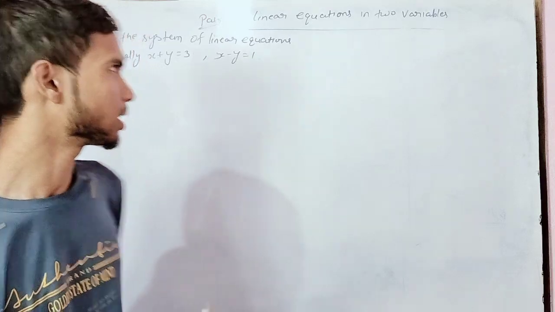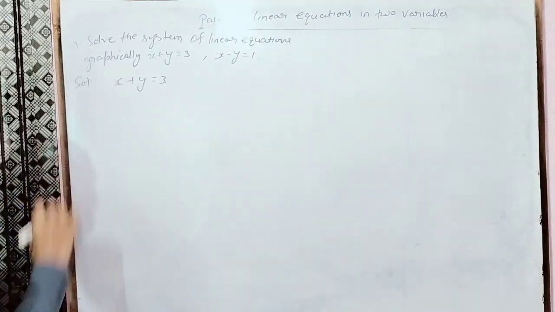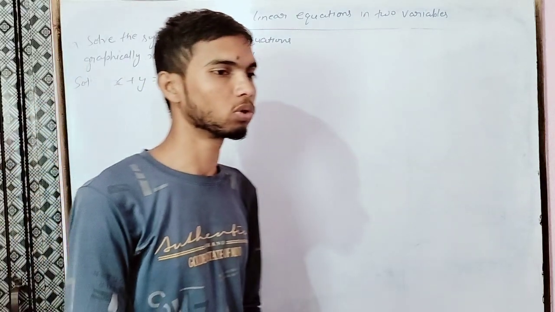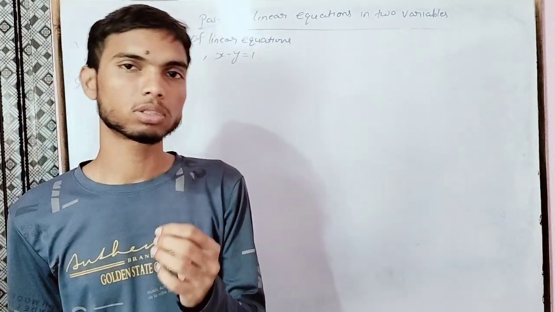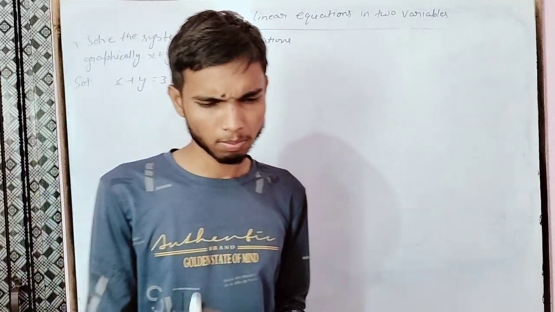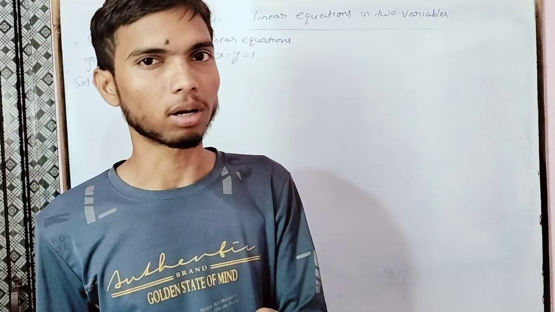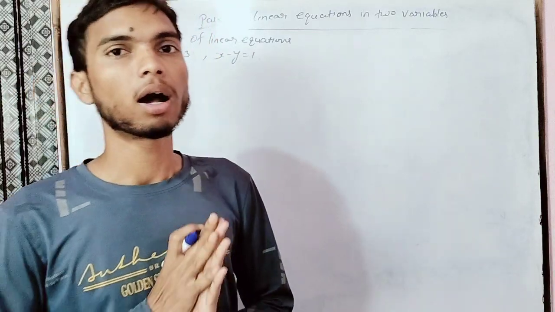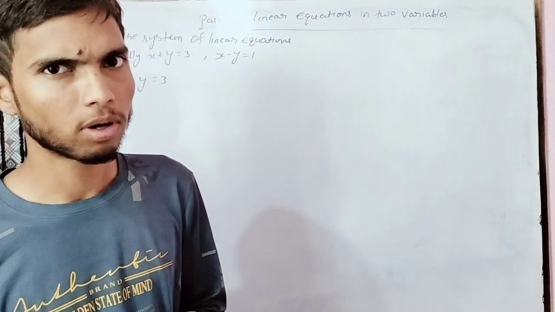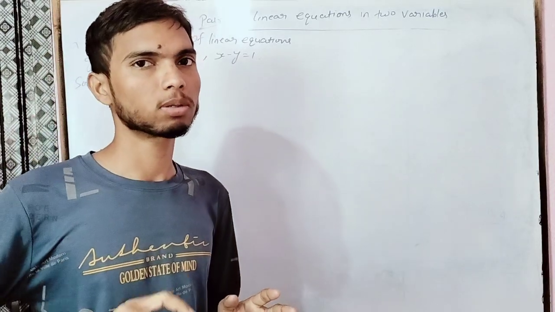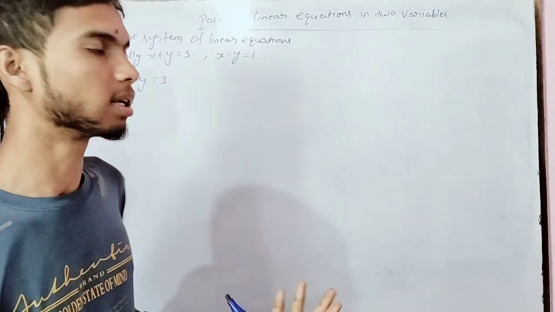So first, x plus y is equal to 3. From here, you have to put a variable on one side, only one, and except for that one, shift everything to the other side.